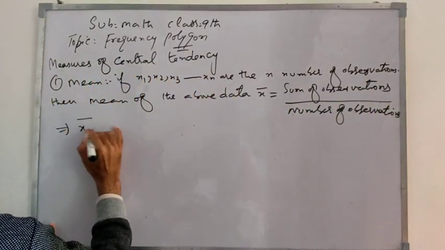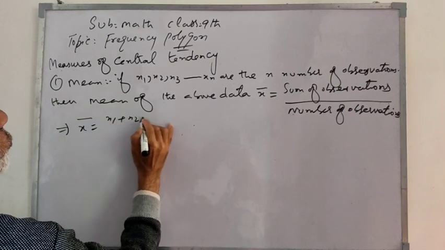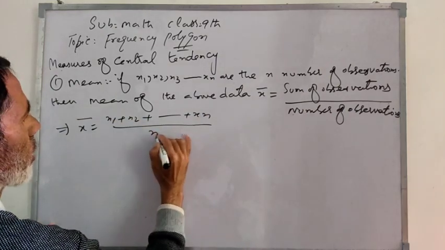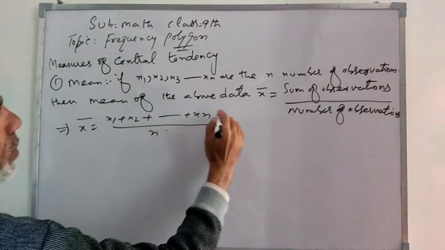That is, bar x equals x1 plus x2 and so on up to xn, divided by n, the number of observations. This is for ungrouped data.